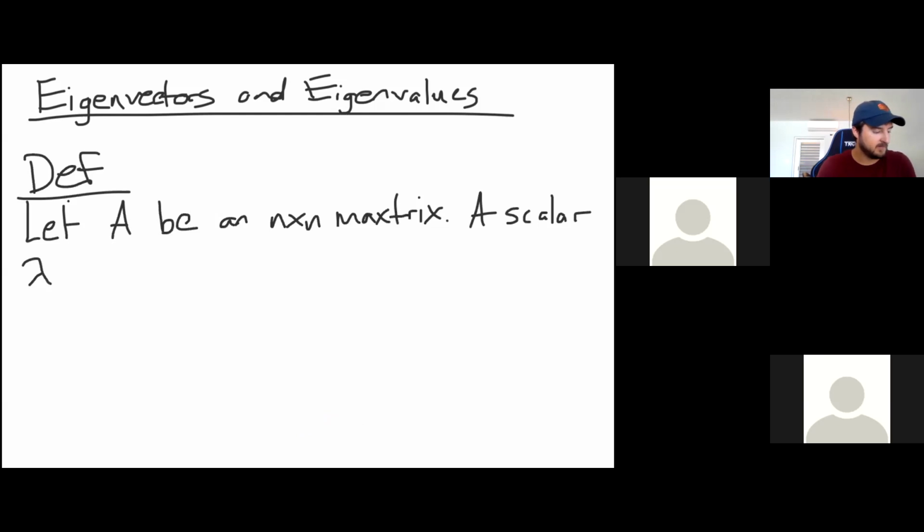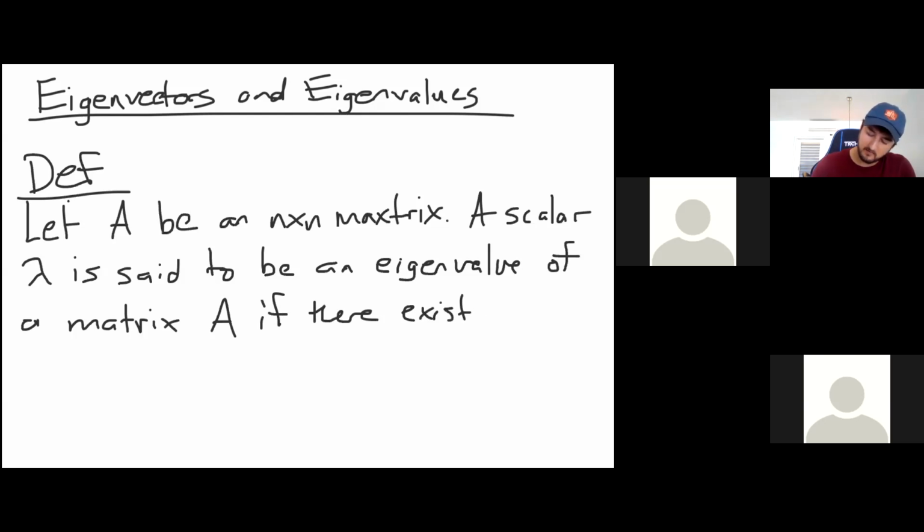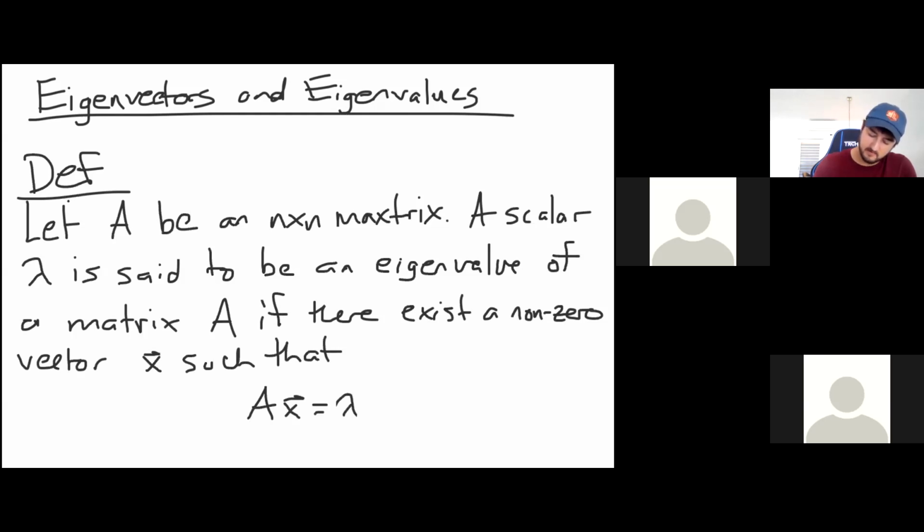So that value lambda is said to be an eigenvalue of a matrix A if there exists a non-zero vector x such that A times that vector is equal to lambda times that vector.